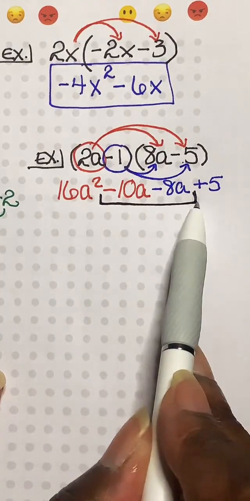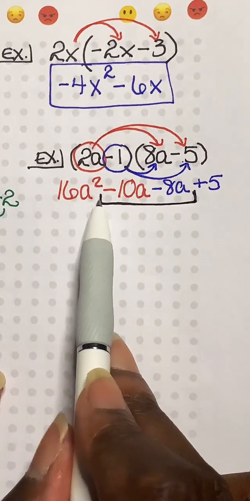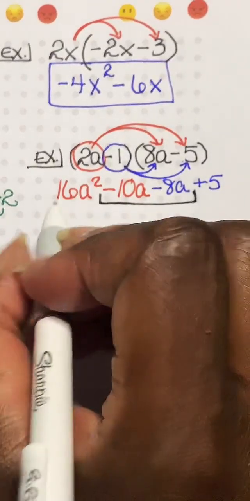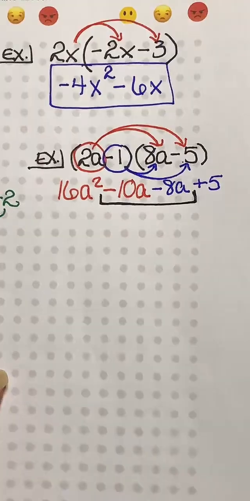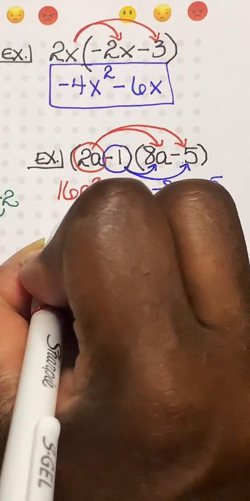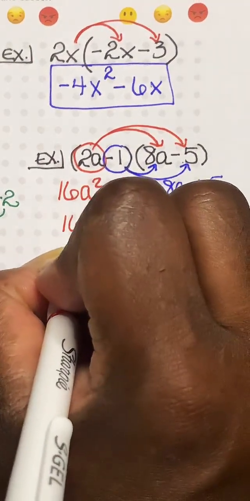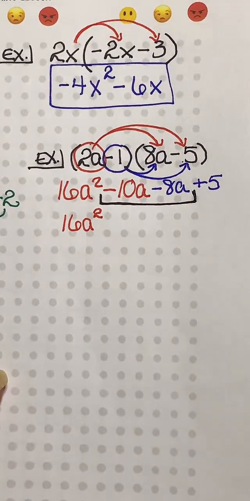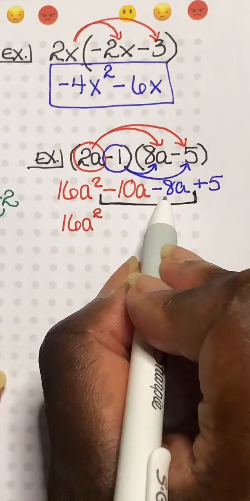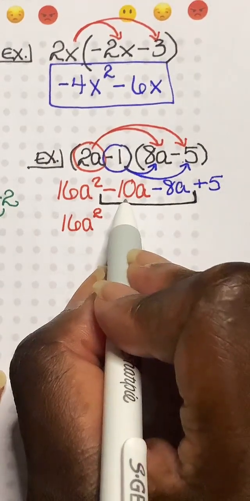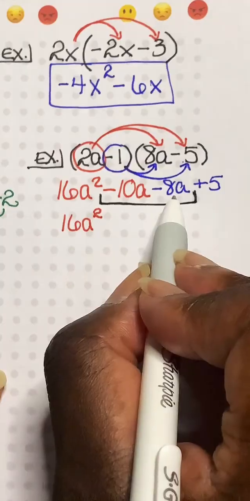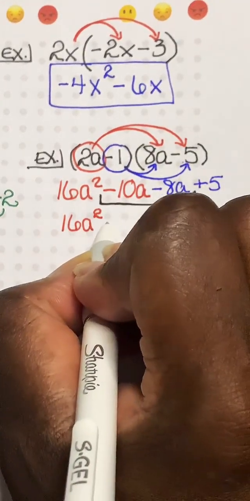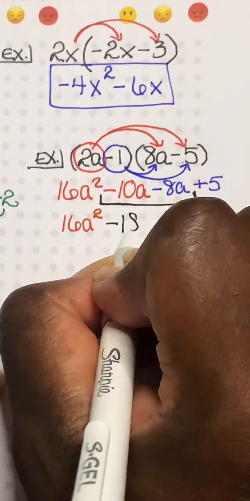So here, again, right smack in the middle is your like terms. We can bring down our 16a squared. We're going to combine negative 10 minus 8. If you owe me $10 and I loaned you another $8, that means you owe me $18.